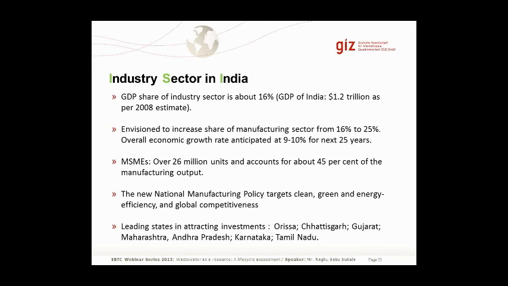We also have over 26 million units of MSMEs, which account for a good amount of manufacturing output. And importantly, we should also look into the national manufacturing policy, which has recently come up, which targets clean, green and energy efficient and globally competitive industry.